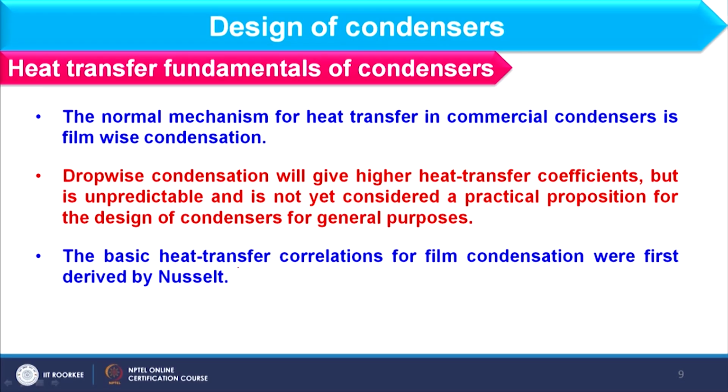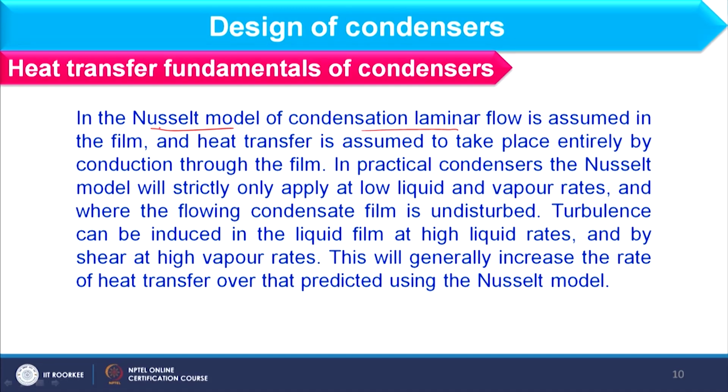And further, the basic heat transfer correlation for film condensation was first given by Nusselt, and therefore, we will consider the empirical correlations given by Nusselt. Further, in the Nusselt model of condensation, laminar flow is assumed in the film and heat transfer is assumed to take place entirely by conduction through the film, because we have the film and in this film we are not considering convection, we consider that purely conduction will take place there.